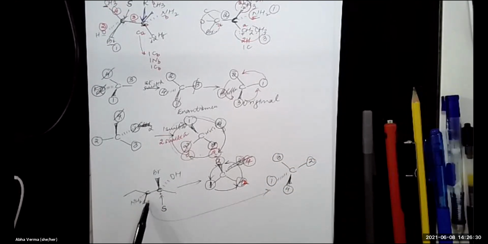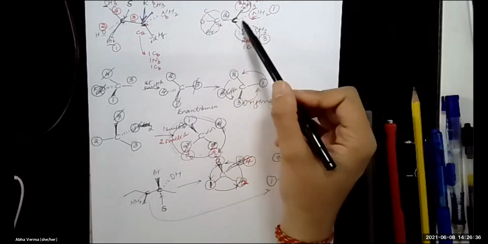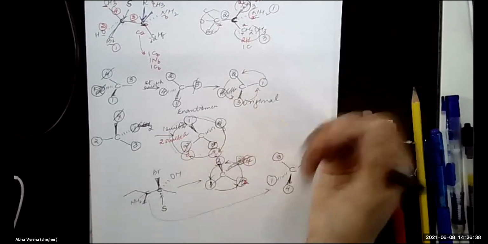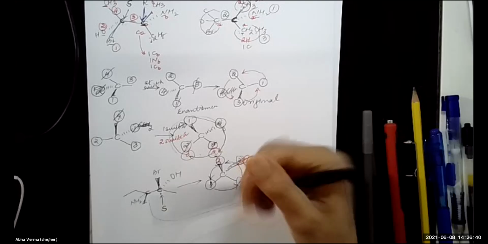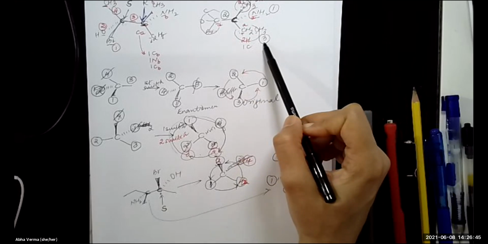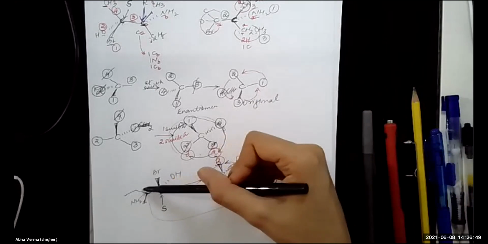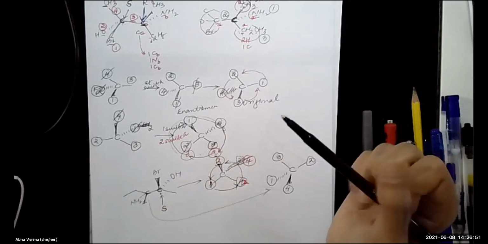Who does not understand what I did? I just used this carbon and this carbon because the priorities are the same. I just used that. I don't have to redo that. Okay, on this carbon, ethyl has a priority of 3. That's why I gave ethyl, this planar group, a priority of 3.